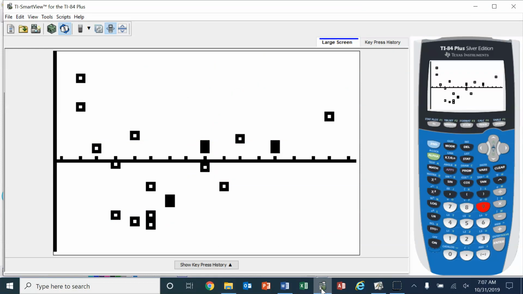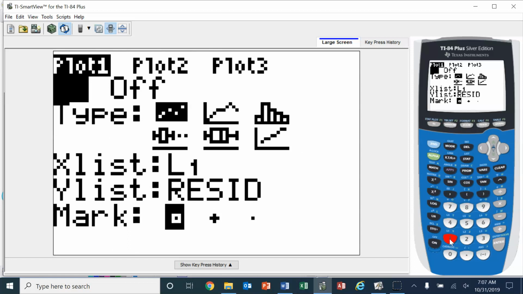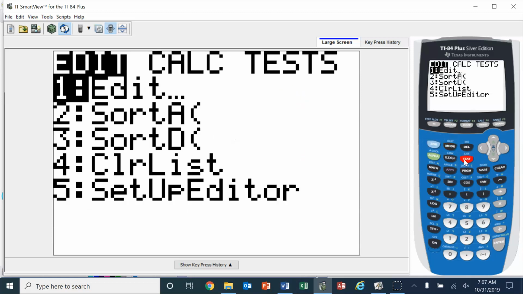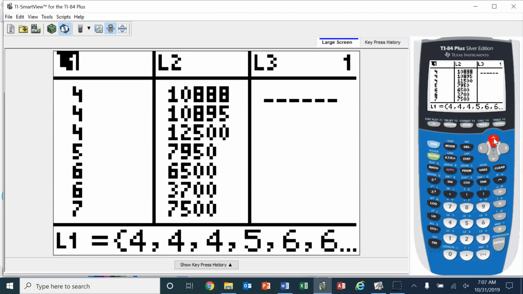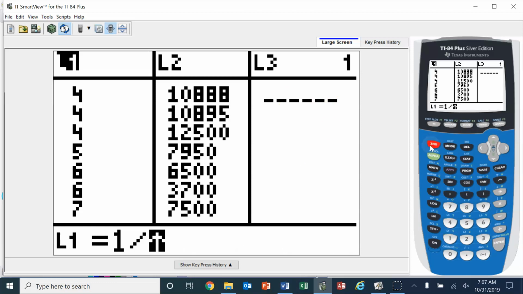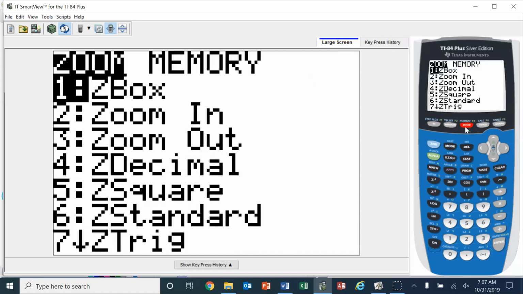Before I do anything though, I'm going to change my Y list back to L2. All right, now I'm going to go stat edit. I'm going to go to L1 now because I'm going to transform the L1 numbers. So I'm going to take 1 and divide it by L1.